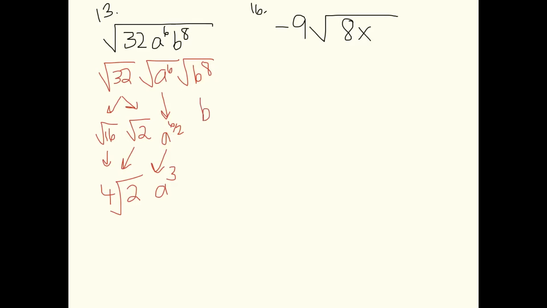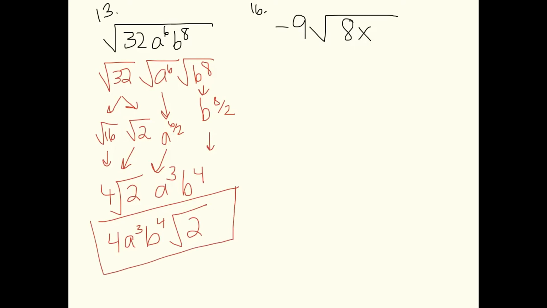That's b to the 8 divided by 2, and that becomes b to the 4th. So this right here is your answer. And it helps if you put all of the variables together and leave the one that was in a square root to the side. But it's the same thing either way.